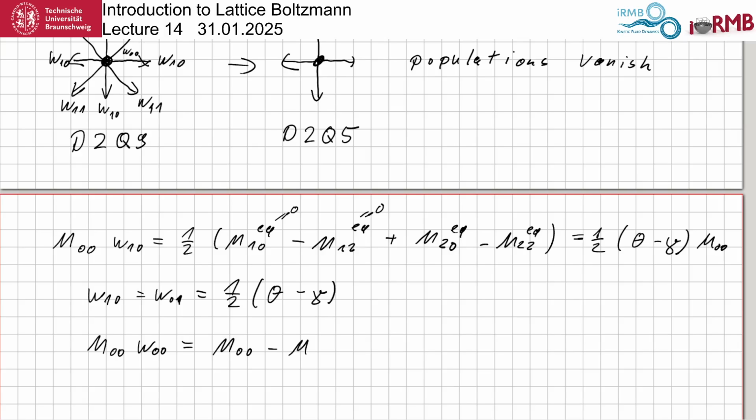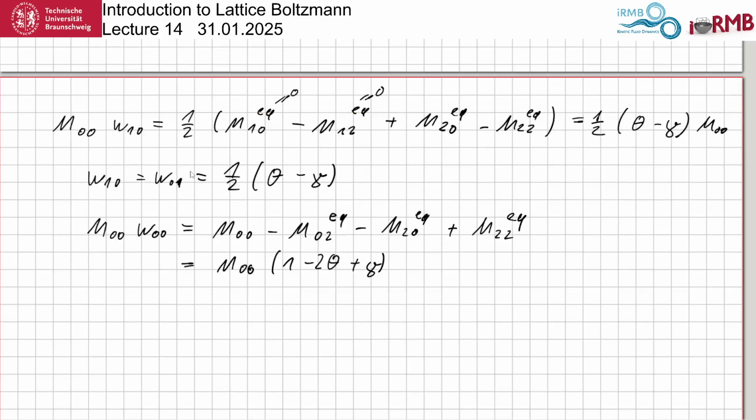M0,0 minus M2,0 equilibrium minus M2,0 equilibrium plus M2,2 equilibrium. And we observe that this becomes M0,0 (1 minus 2 theta plus gamma). Okay, now there's another funny thing.